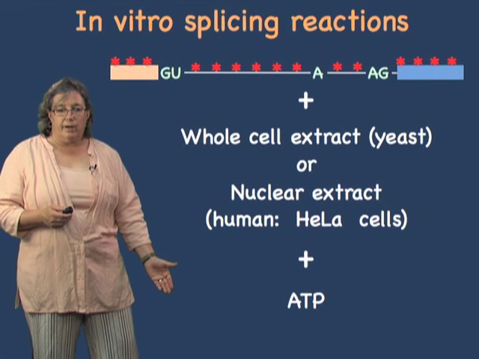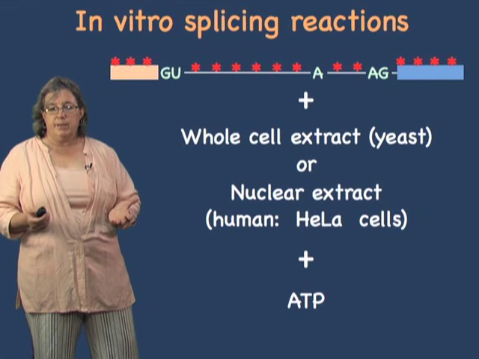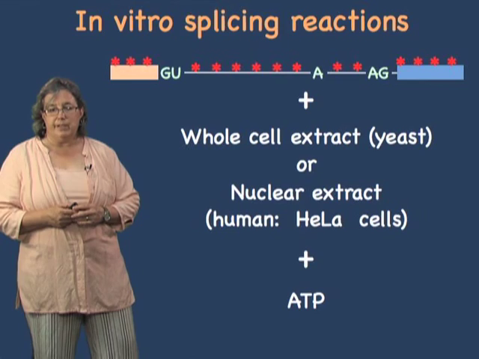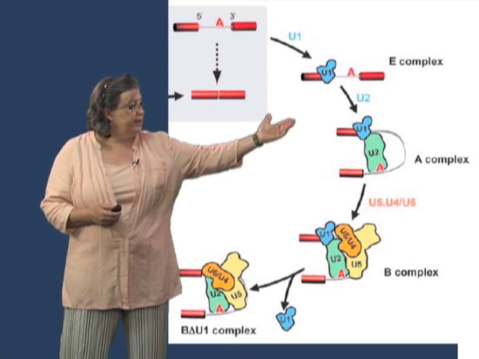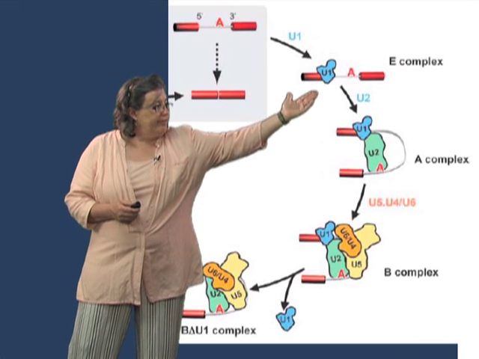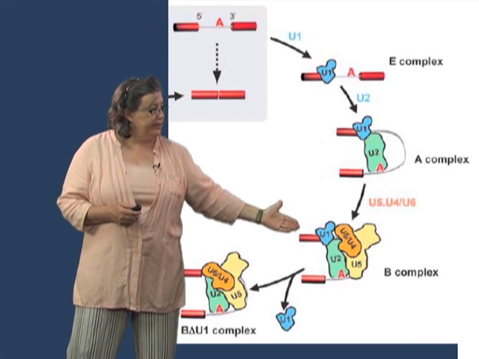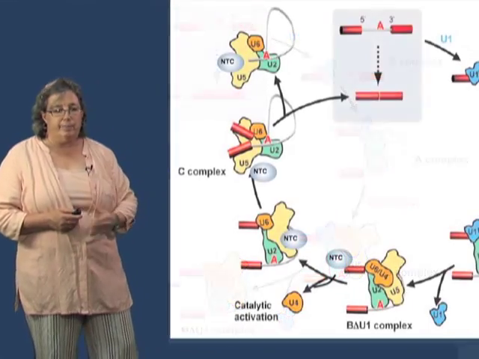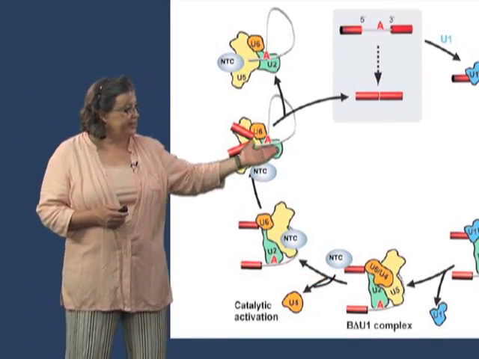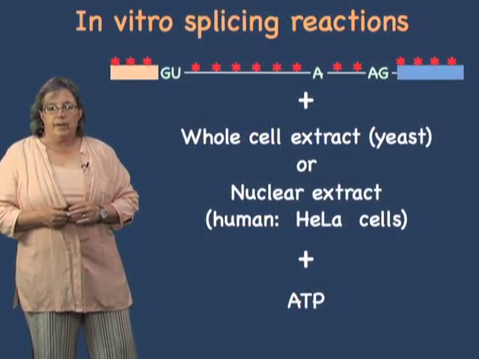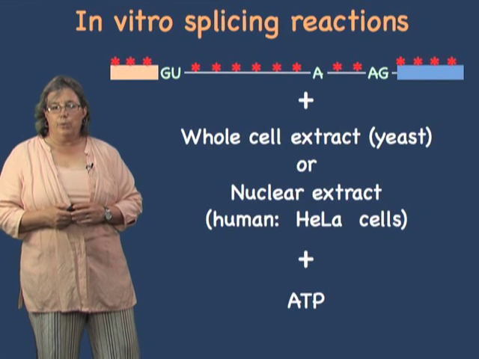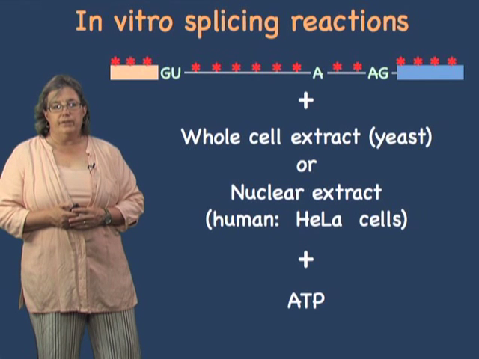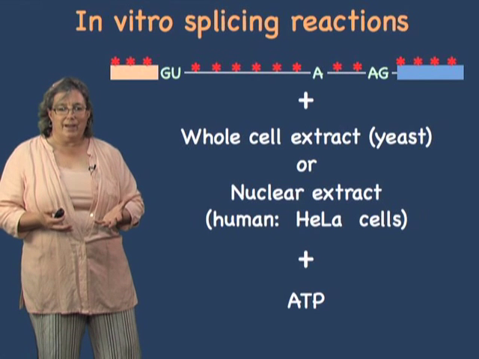And then also ATP, because ATP is essential for splicing: many of the spliceosome transitions that I was showing you here, all of the ones after E complex formation, each require ATP. Now, why do we use whole cell extract or nuclear extract? Well, I've just told you that the splicing machinery is incredibly complicated.